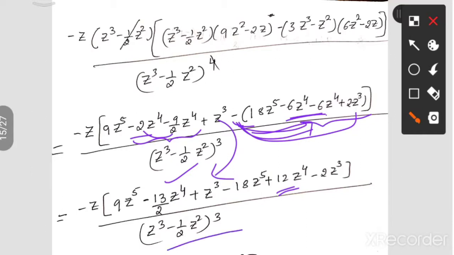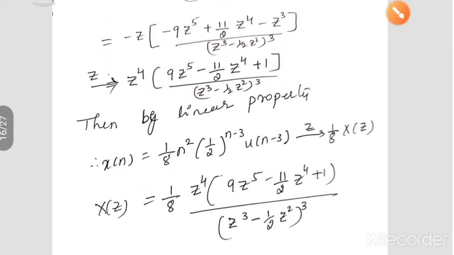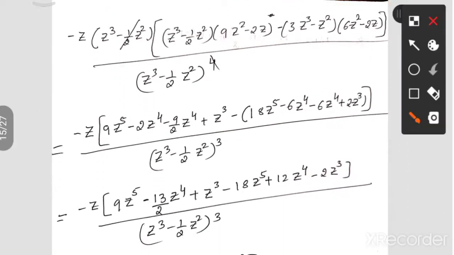So divided by the denominator. So here again a simplification, that is z raised to 5, and here is z raised to 5 and z raised to 4. Here we have z raised to 4 coefficients, so that we have to simplify. If we are simplifying that, what we get is 9z raised to 5 minus 18 will be minus 9z raised to 5.